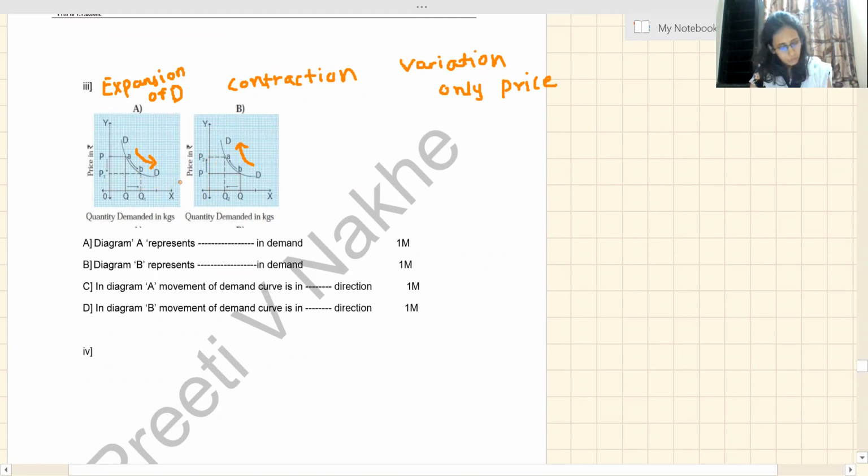Okay. Then next, in diagram A, the movement of demand curve is, write down, upward. Sorry, it's not upward. It's coming downward.